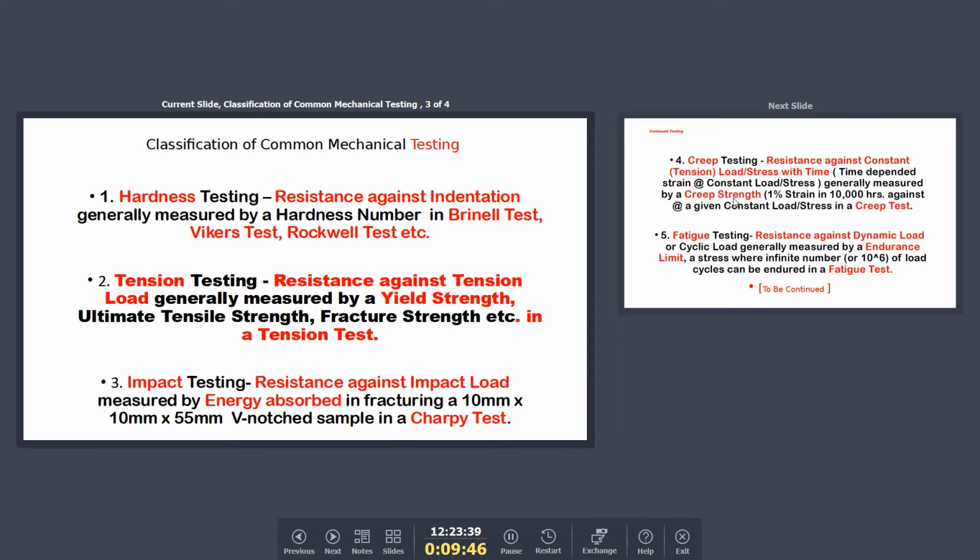Next important mechanical testing is impact testing. There is resistance of the material against impact load. What is impact? Blowing the face of a man by your fist.